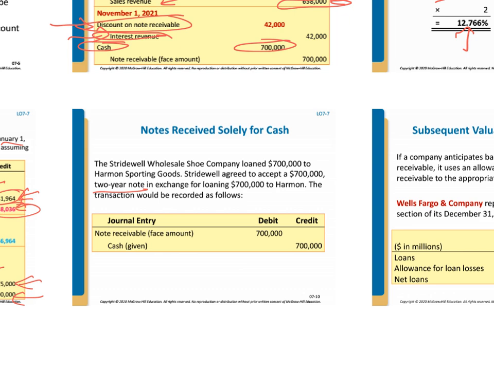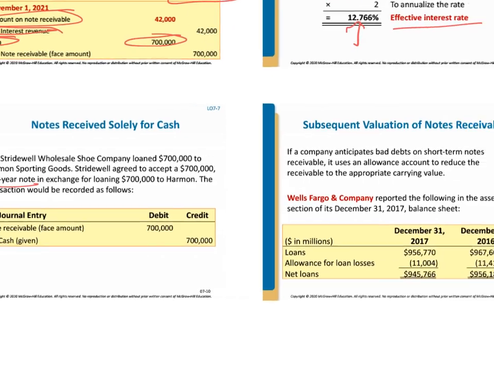And the reason why is because the cash is considered the note's present value because we're actually giving cash. In the prior examples, we were selling goods and essentially financing the goods, but in this situation, we are actually giving cash in the present day. And so the amount of cash given right there is seen to be the note's present value.